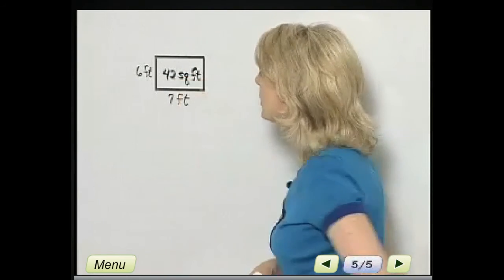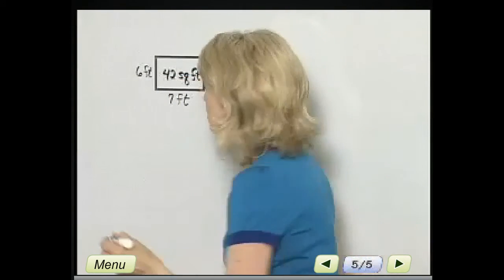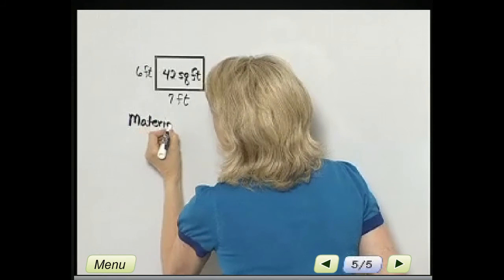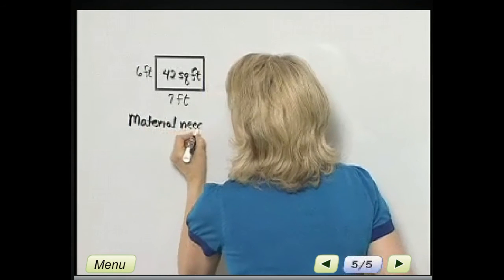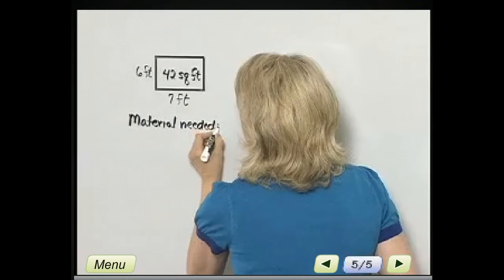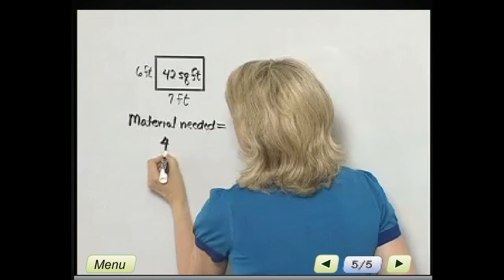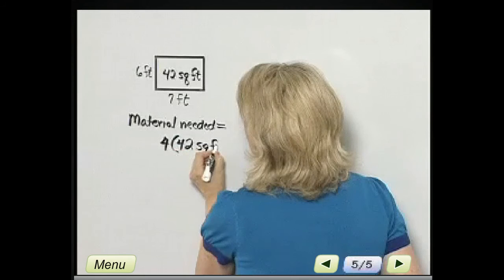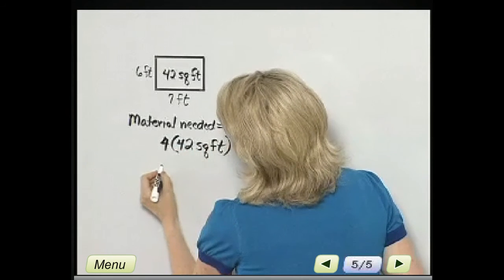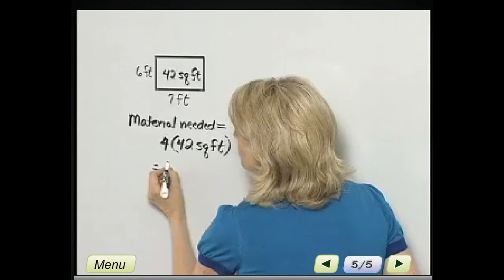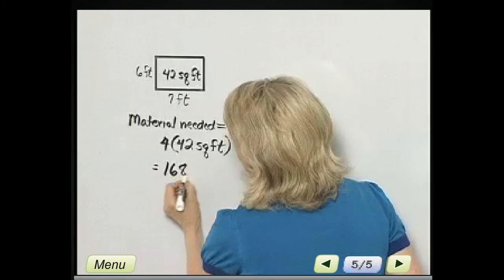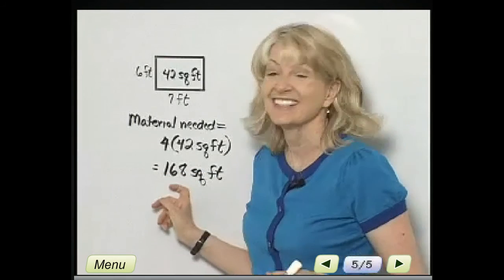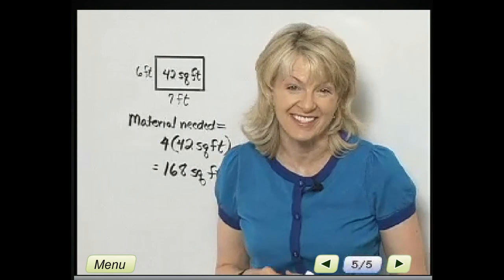That's one panel, but we want 4 panels. So the material needed equals 4 times 42 square feet. And if you multiply 4 times 42, that's 168 square feet of material needed then. Here's how much material is needed.